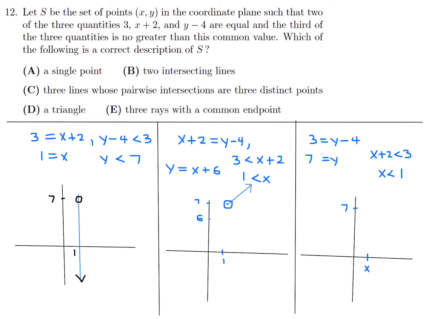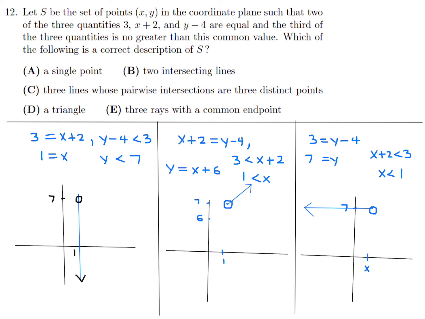So this is basically a line. I'll draw the point 1, 7, so it's going to be, again, an empty circle. And then that line, x is less than 1 this time, so it's going to go like this.